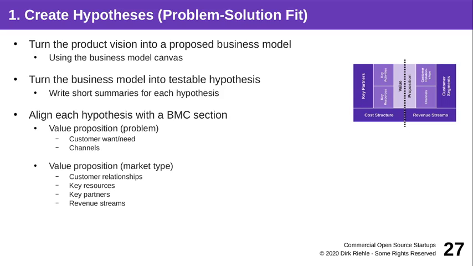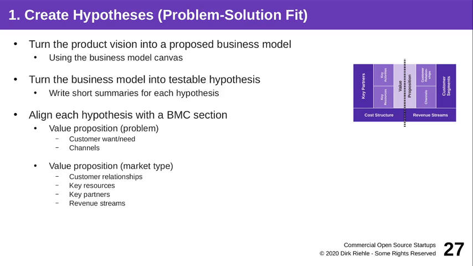So we are starting the search for problem solution fit, following the key activities of building out the business model and then validating it. First step is, let's create the business model, let's create hypotheses from the business model canvas where we put down our product vision.